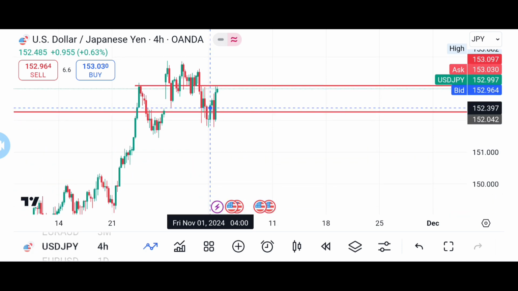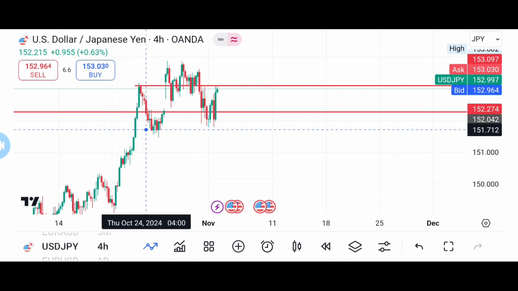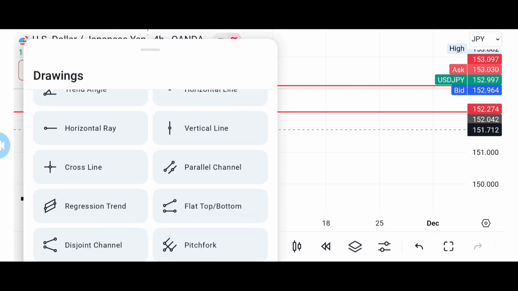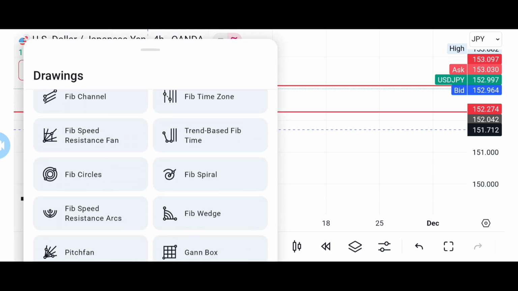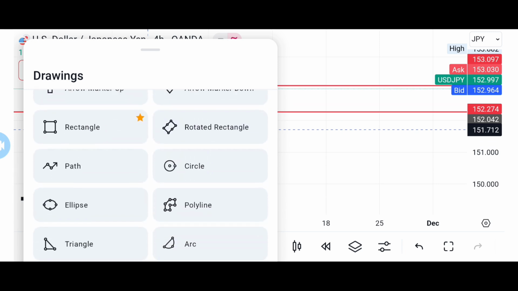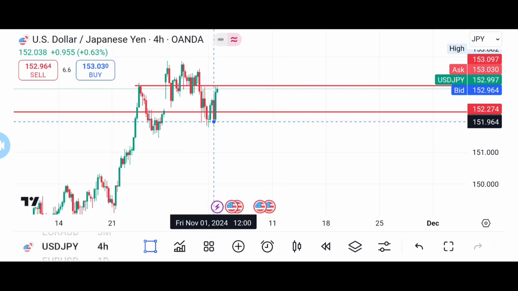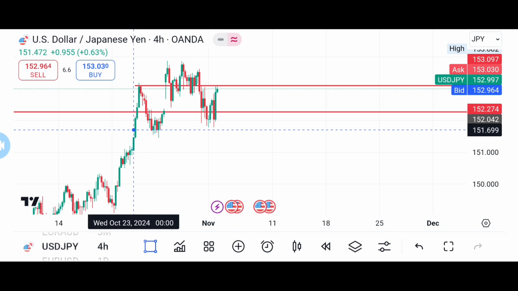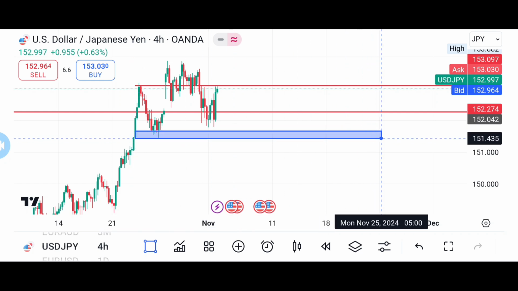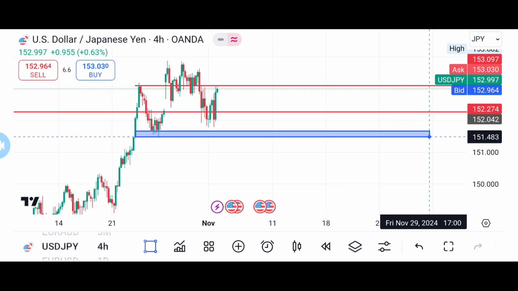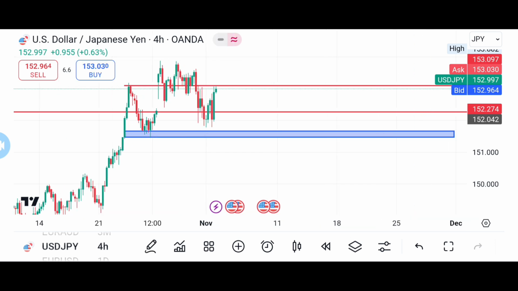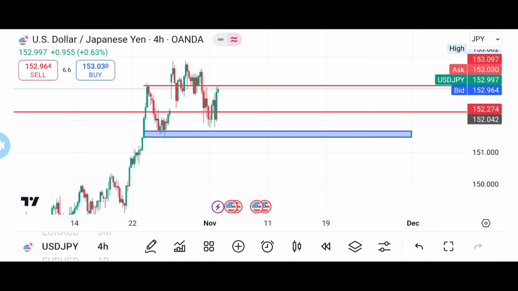So I'll go ahead and place my, if you know the characteristics of head and shoulder, you must have the right shoulder, the head, and the neck. So I'm going to look for the neck. That is our neck. If you can trace the neck correctly, that's now our neck.